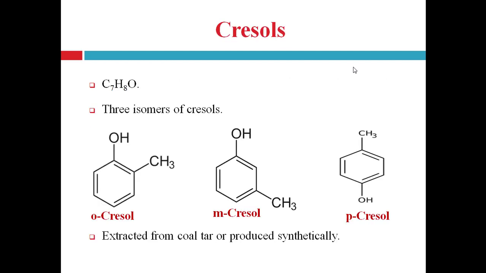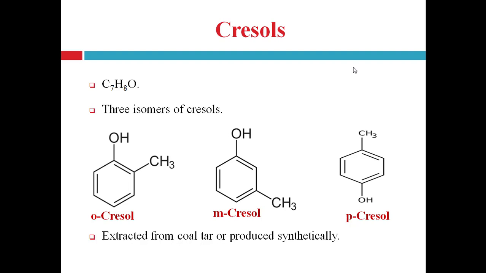Next one is cresols. Cresols are organic compounds which are also known as hydroxytoluene or methyl phenols. Hydroxytoluene, that means toluene is nothing but the benzene ring having a CH3 group, right?